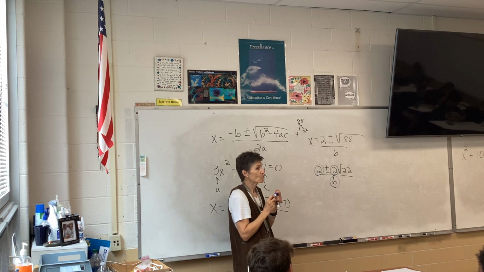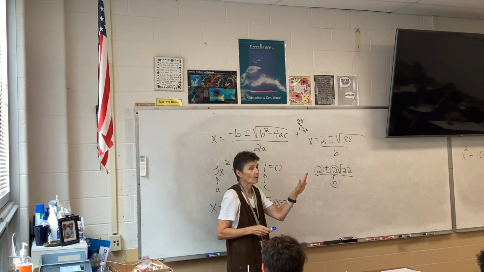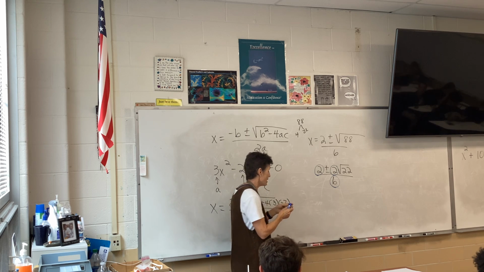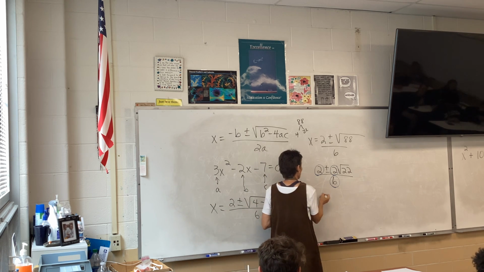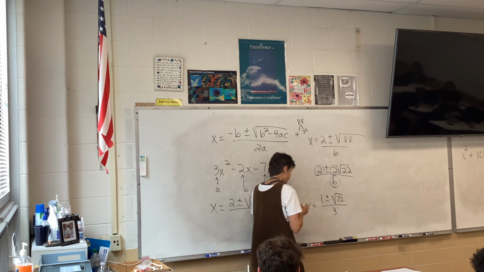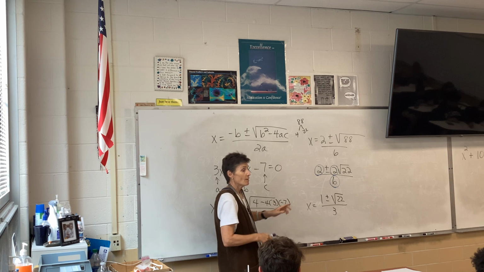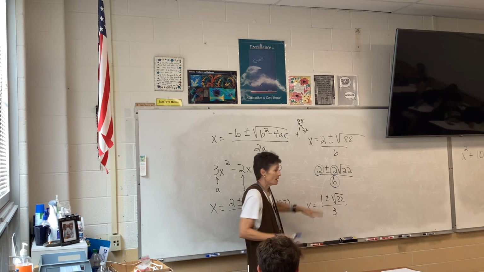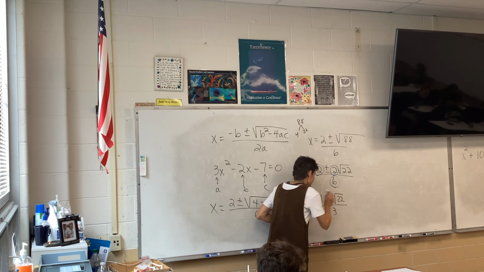Remember, under the radical is untouchable, so I don't care what's over there, it's irrelevant. It's just the outside numbers. I can take a 2 out of everything. 1 plus or minus square root of 22 over 3. There's our answer. This one is necessary. This one is not necessary.